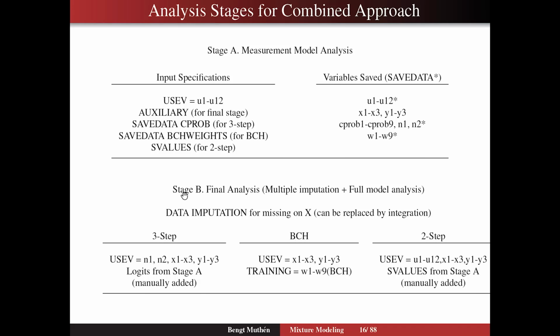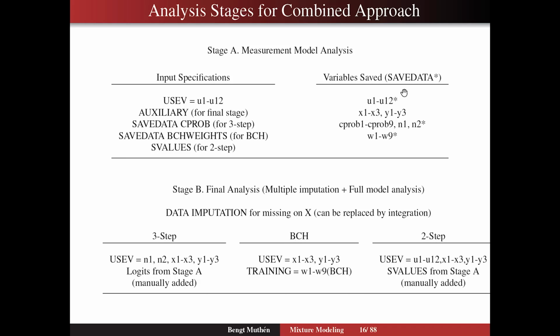I'm using the word stage instead of steps here, not to mix it up with 3-step and 2-step, by keeping it in 2 parts here. So the first stage is the measurement model analysis, and the input specifications that we should pay attention to include the use variables list, which is then the U1 through U12 latent class indicators.